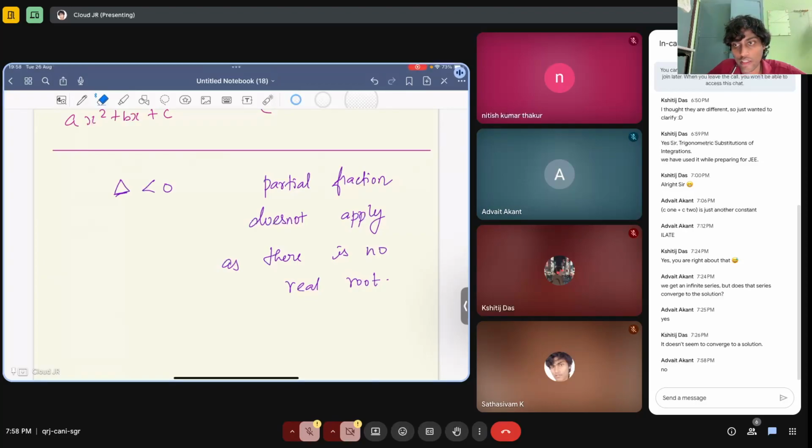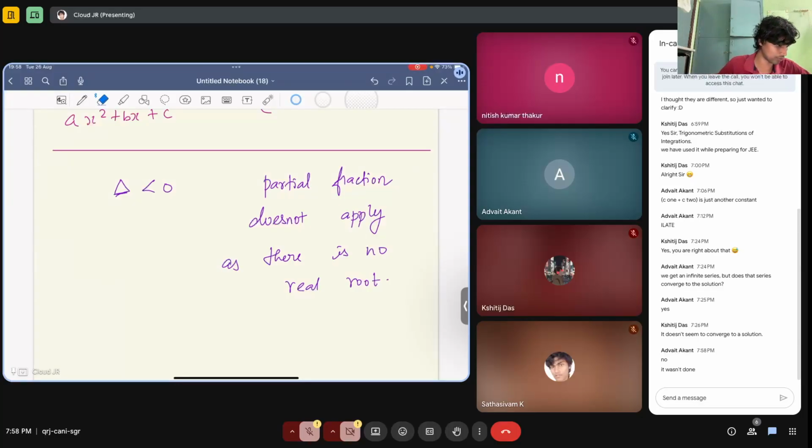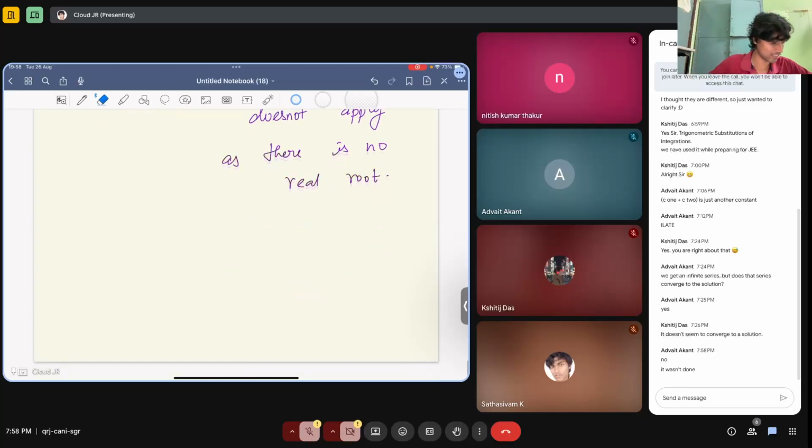I don't know if you attended that. If it is not done in the other tutorial, then probably I will try at least to give the idea. Oh, it wasn't done. Okay. I see. Then I should have skipped some of these integration techniques and gone into that directly. But unfortunately, we ended up in a situation where we should not have.